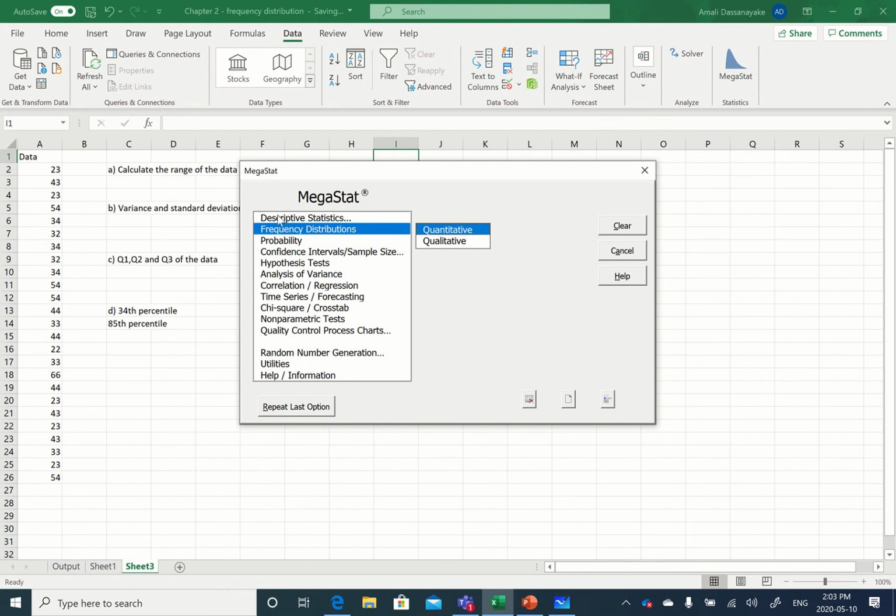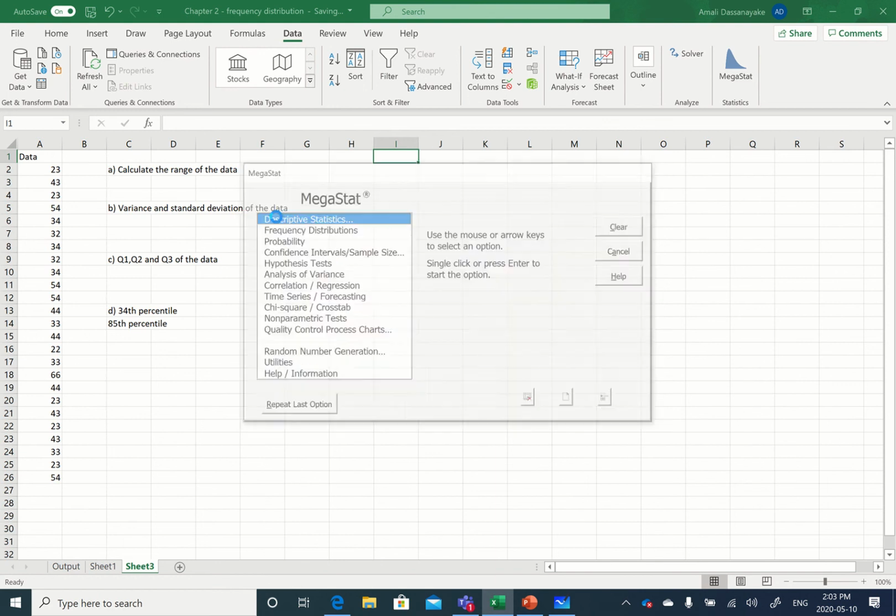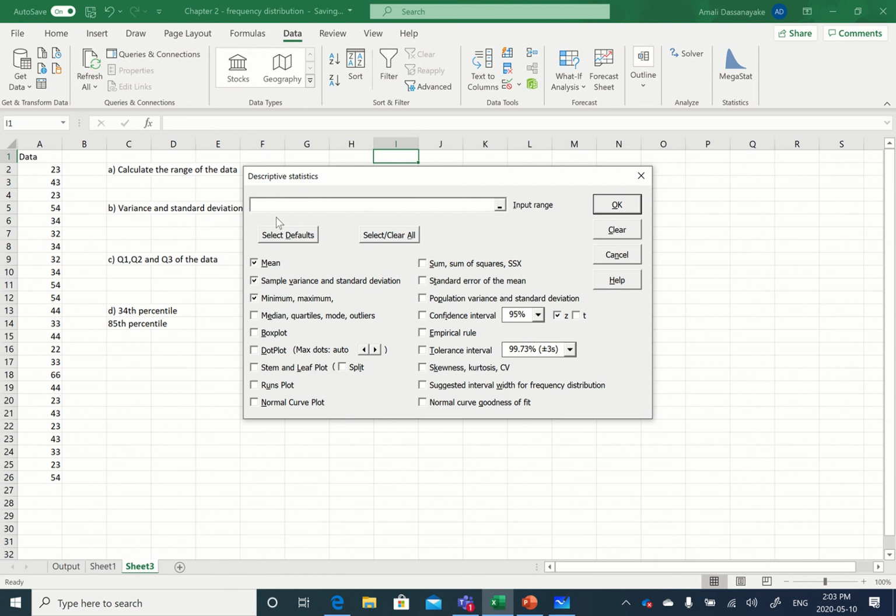All the numerical measurements are located under descriptive statistics, because descriptive statistics is about organizing and summarizing a data set, right? We have mean, but for the moment we don't need that. We have variance, standard deviation, min, max, which for the moment we don't need.